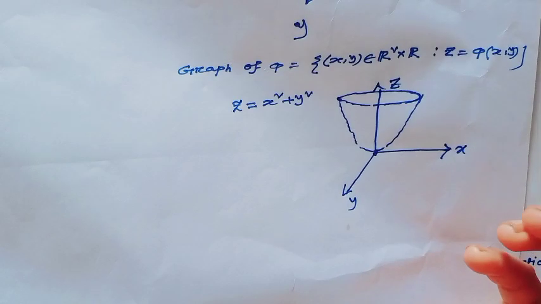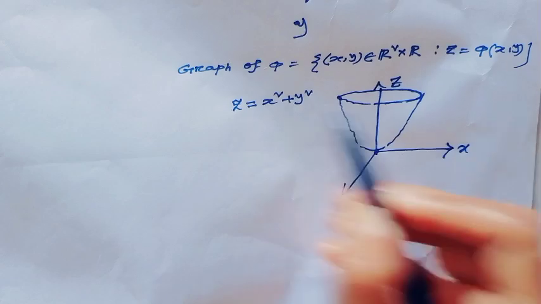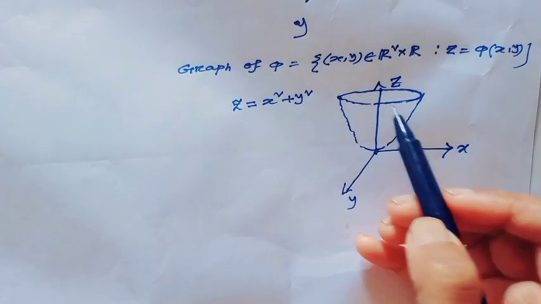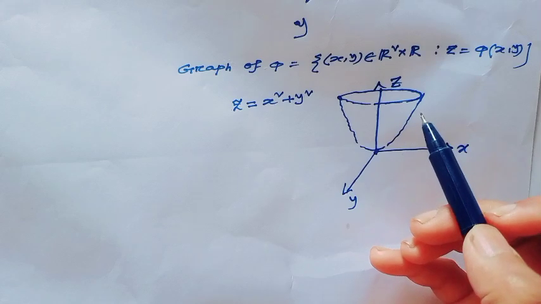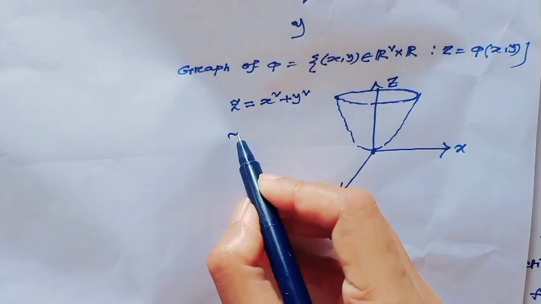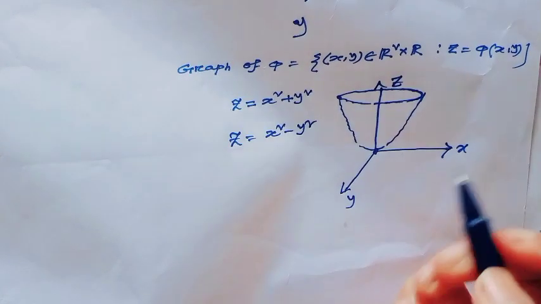We all know the graph would be of this type. When the input is (0, 0), the value is 0, and at other points the value is non-zero. Similarly, we can consider z equals x squared minus y squared. This graph would be of a different type.